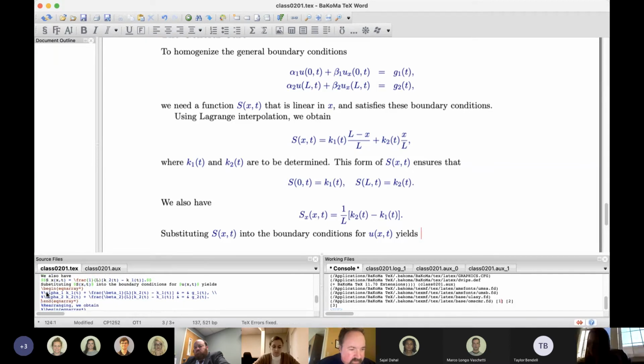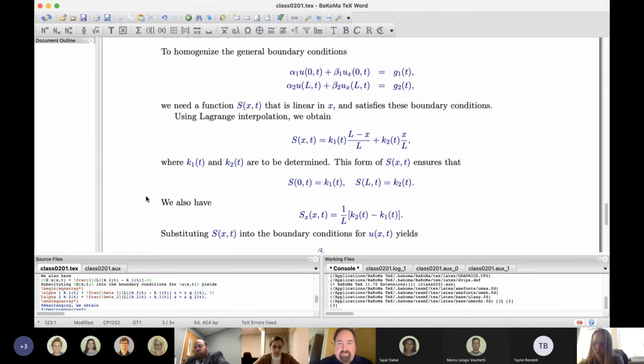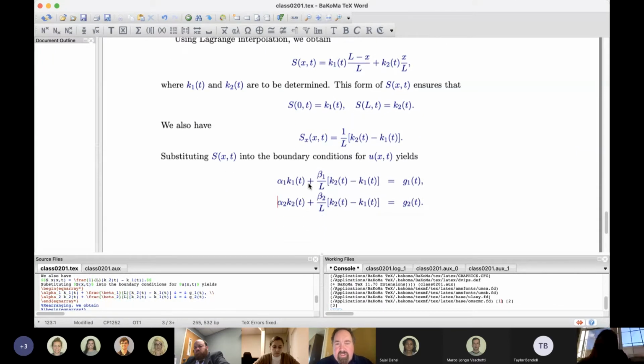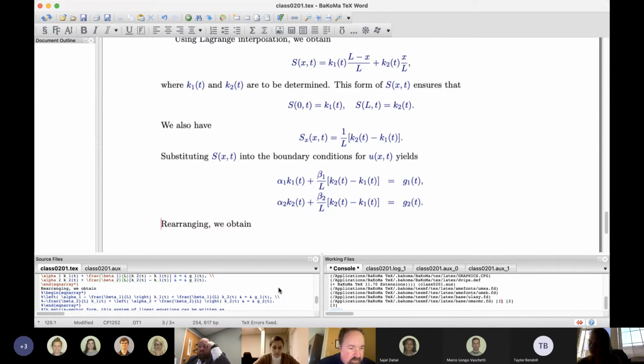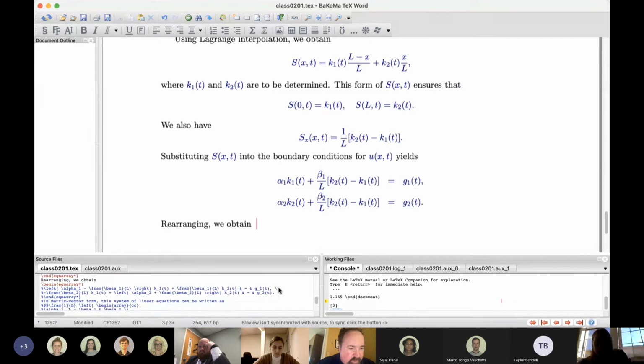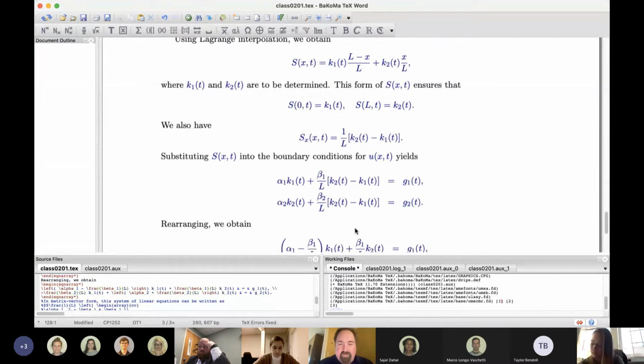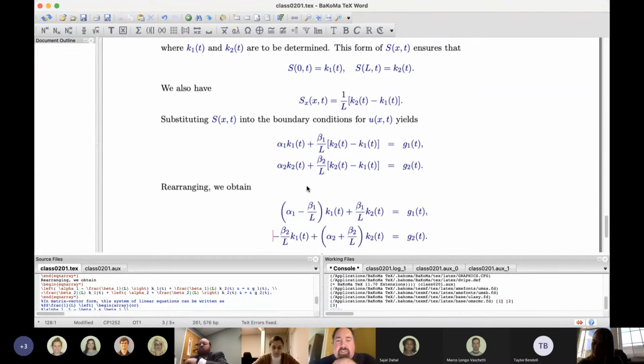And what happens when we do that? We have these equations equal to g1 and g2. So now I have a system of two linear equations for my unknowns k1 and k2. I'm going to rewrite these in such a way that we can get formulas for k1 and k2. So I'm rewriting the equation so we have something times k1 plus something times k2 in the first equation, and the same thing in the second equation.